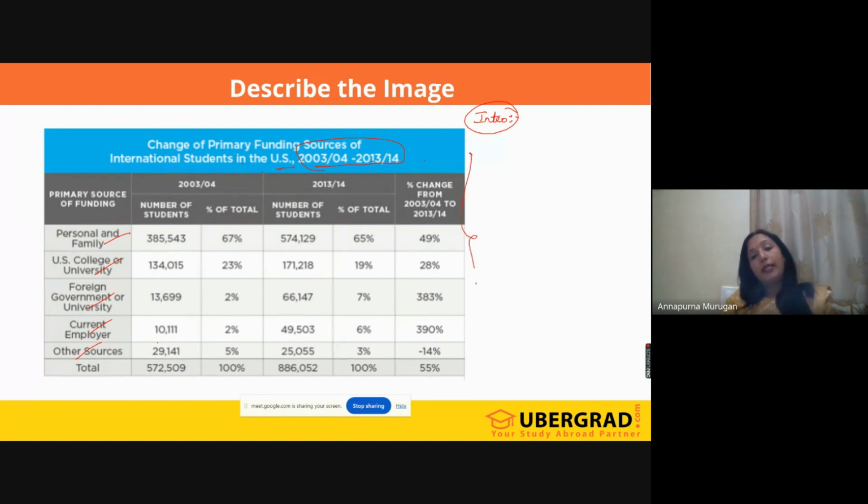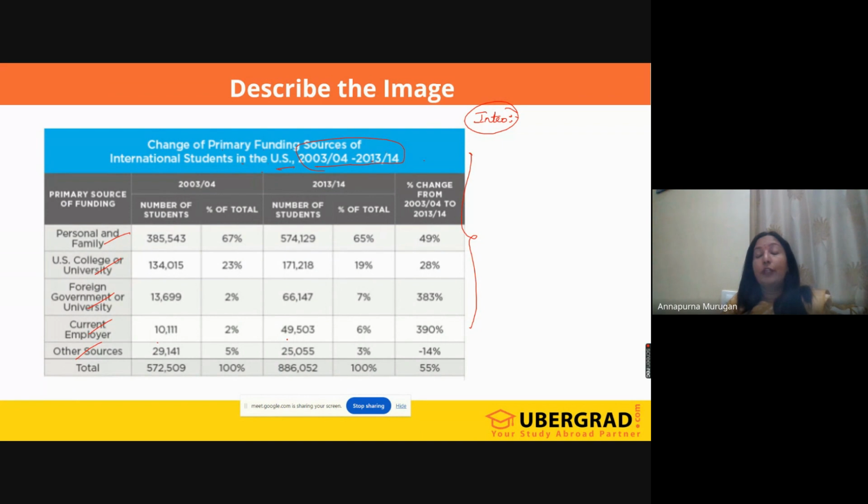So here I can start describing. The presented, okay, what is it? Table graph. The presented table graph, because it is giving the details in terms of percentages, everything. So I can say illustrates, because it is giving the broad explanation.